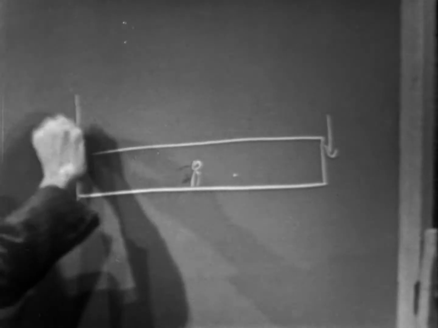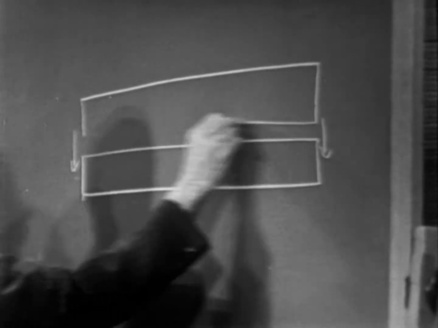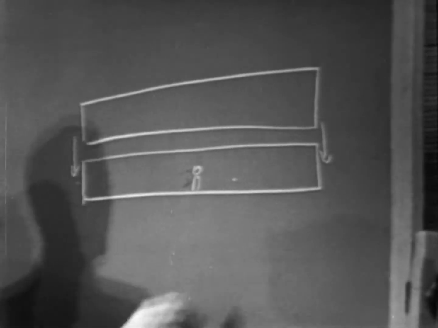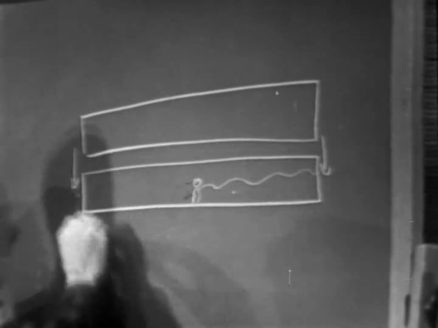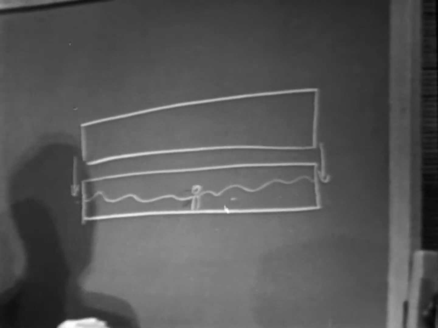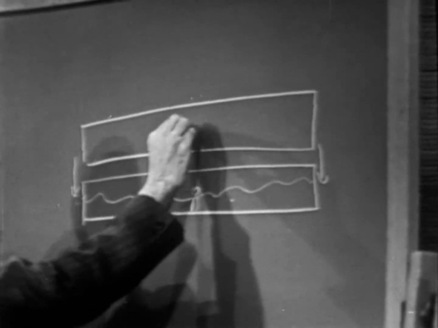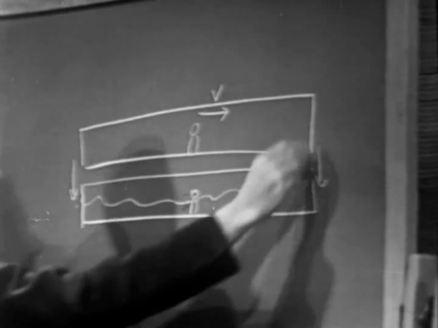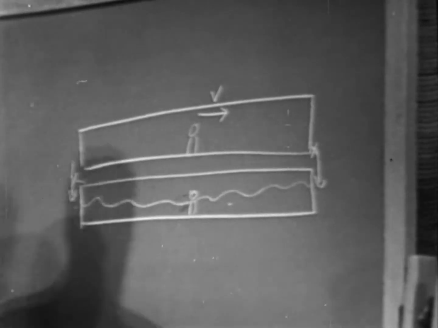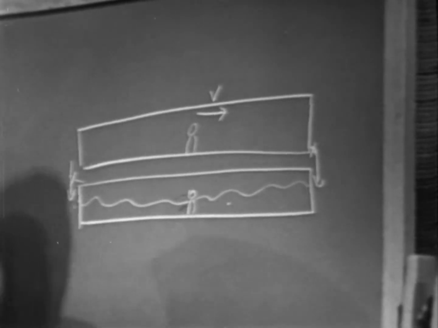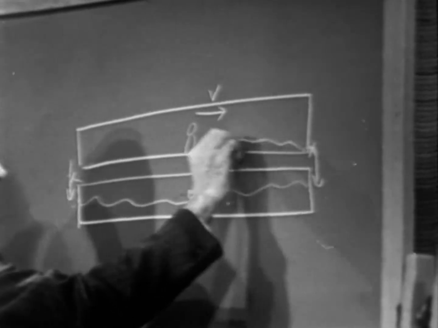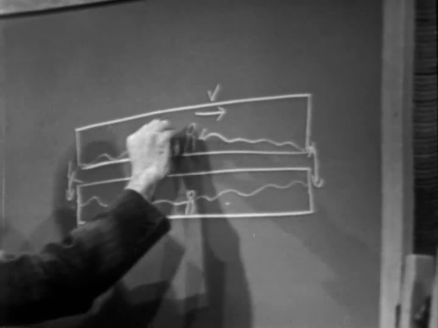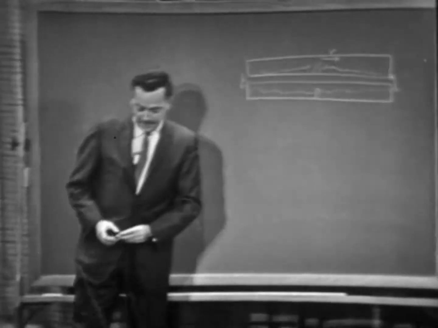A man was standing in the middle of the car, and there was an event that happened at each end of this car at a certain instant which this man claimed was the same time, because standing in the middle of the car, he saw the light from both of these things at the same time. Whereas a man in another car, who happened to be moving this way with a velocity, saw these same two events not at the same time, but in fact saw the one here first, because the light reached him before the light from here, because he's moving forward.